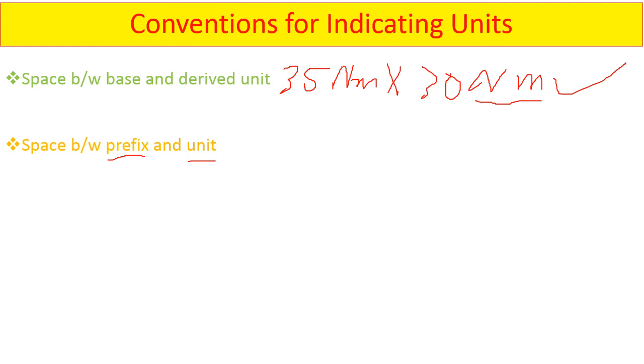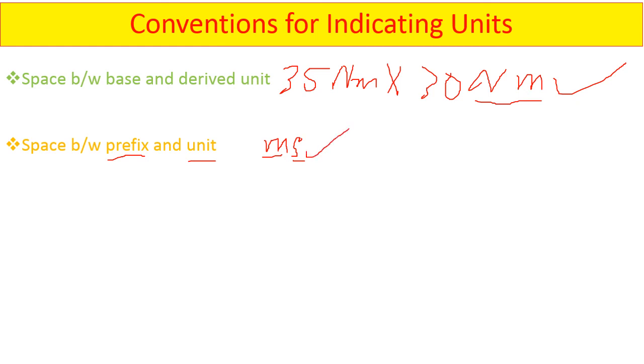If we write like this, millisecond, milli is a prefix and second is a unit, it will be correct.